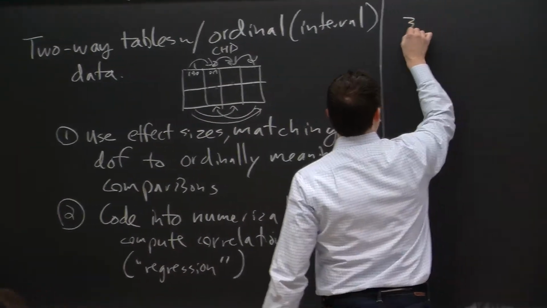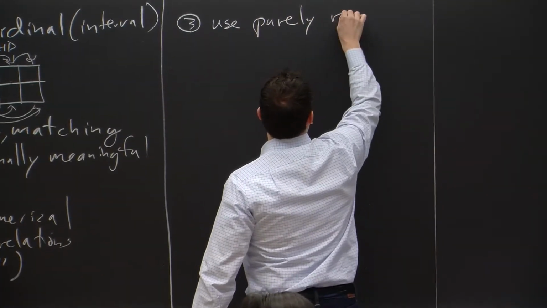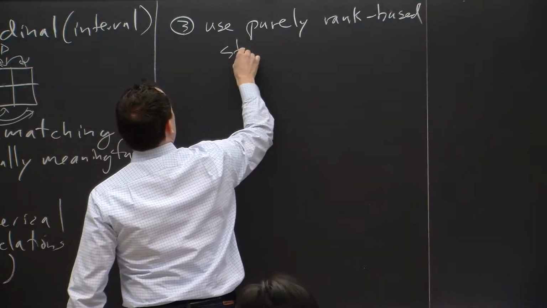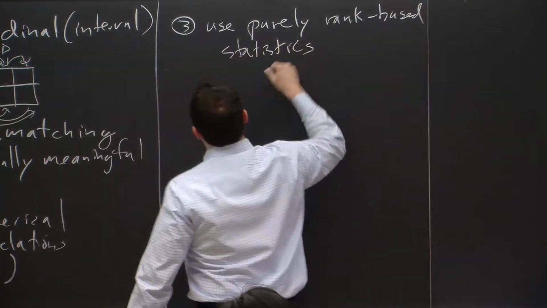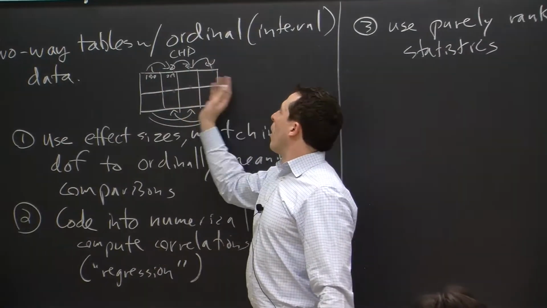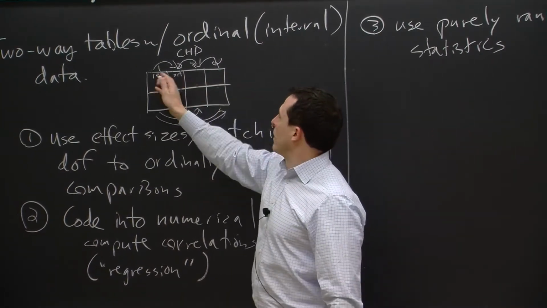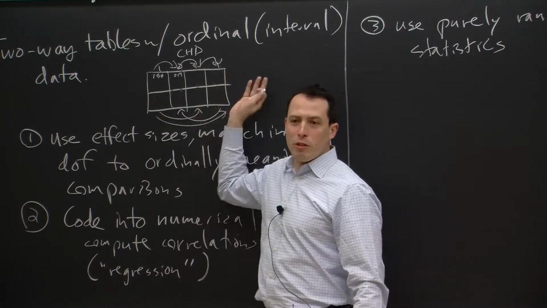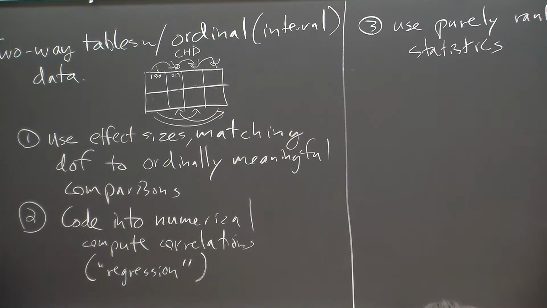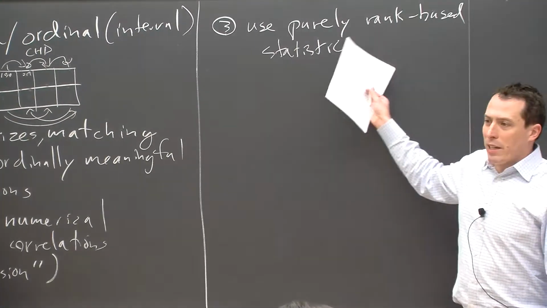And the third thing we can do is we can use custom designed statistics that know only about ordinal relationships and aren't able to capture interval relationships. Right? They equally space these or think about these purely as ranks. The nice thing about purely rank-based statistics is that if they're constructed in the right way, they're not affected by monotonic transformation.